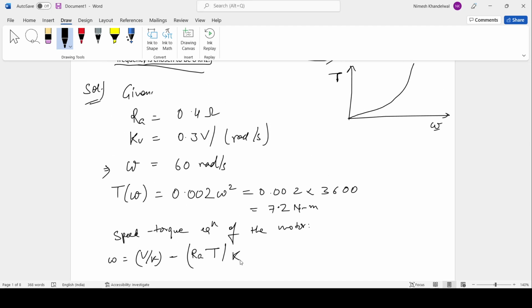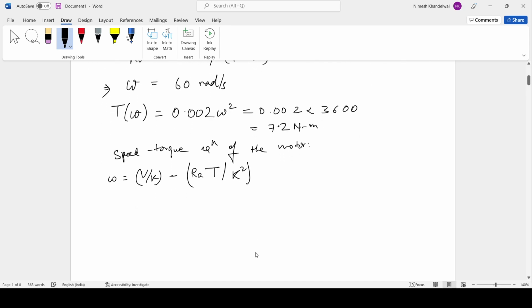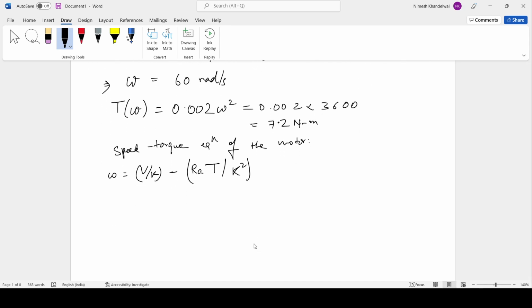This is omega. So this is from last week's lectures. If you have any doubt on how we got this equation, you should refer to last week's lectures.